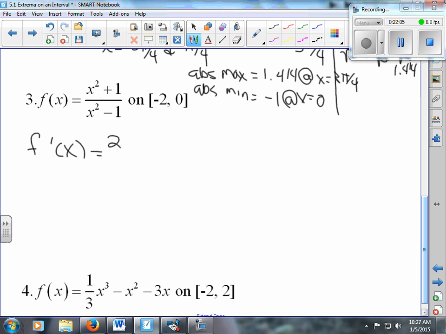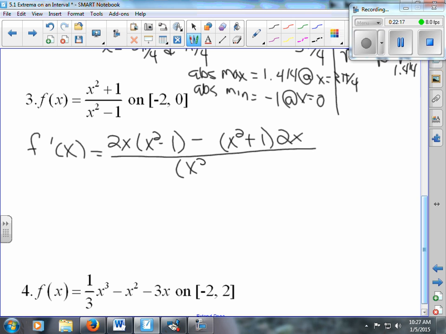The derivative of the top is 2x times the bottom, minus the top times the derivative of the bottom, over the bottom squared. Okay, so this is going to be 3x cubed minus 2x cubed.